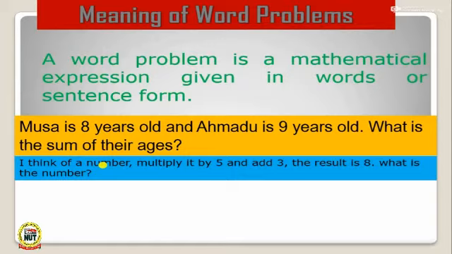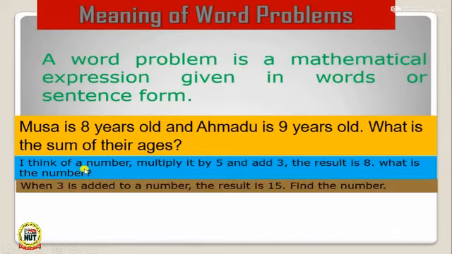What is the number? Now you see there's no form of mathematical expression here. Everything has been given in words. So you are expected to translate it using numbers and letters so that you can be able to get your answer. So this is also another example of a word problem.